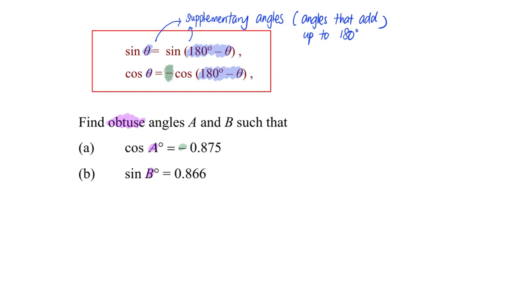For an obtuse angle, as shown at the top part of this video, it will always be a negative ratio, and when you use the calculator, you will get this angle A pretty easily by using the inverse of cosine, and this will give me a value of 151.04. Final answer, since this is going to be in degrees, to 1 decimal place.